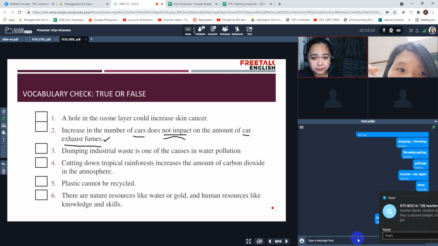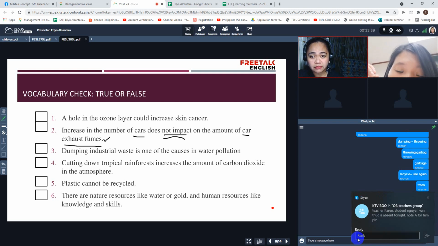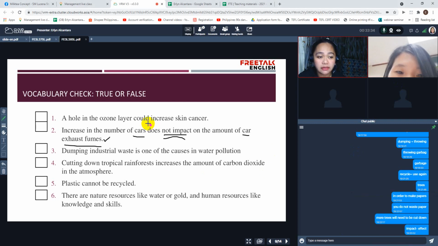If the car uses oil, it gives smoke and has many fumes. That's right. And that is what it says here.